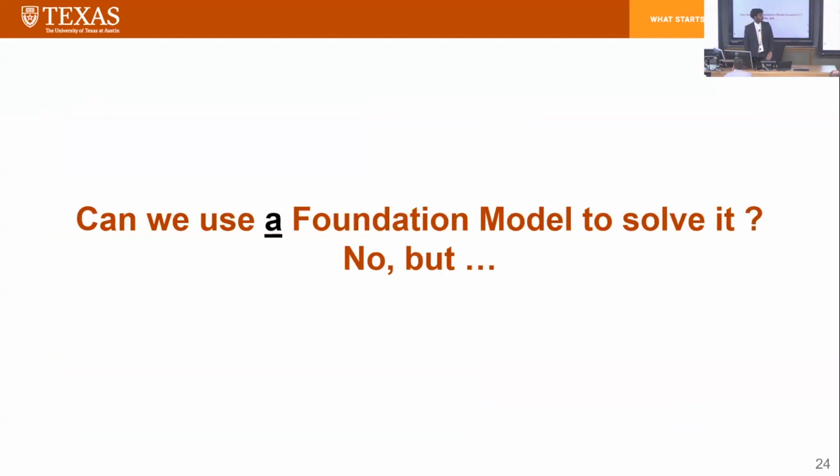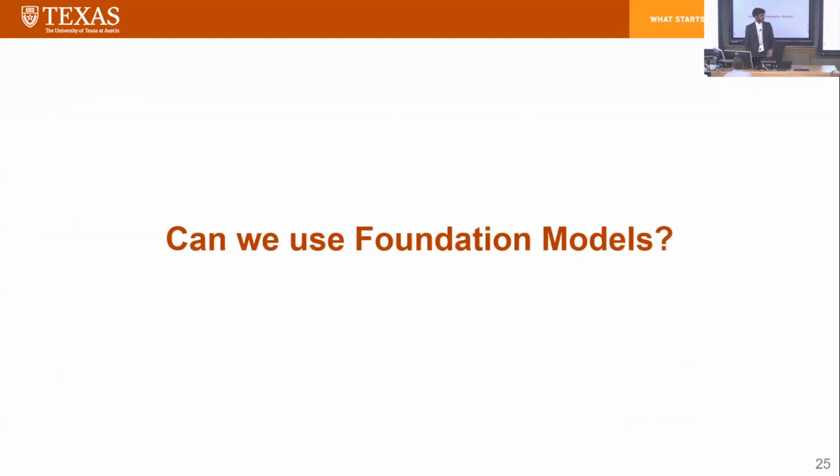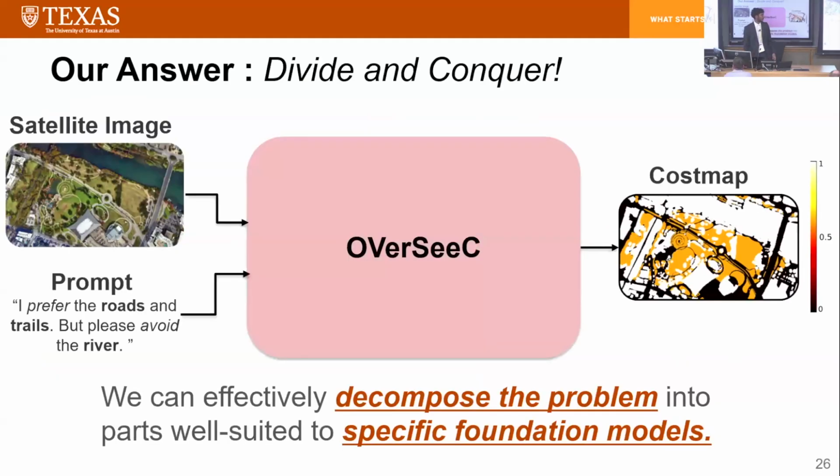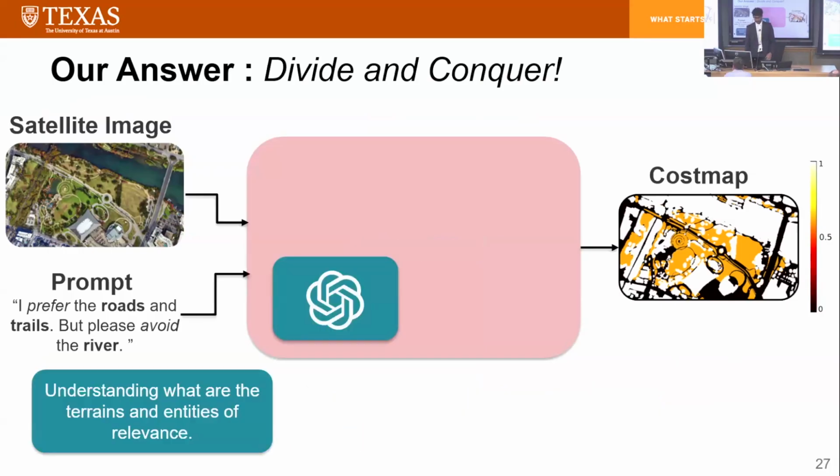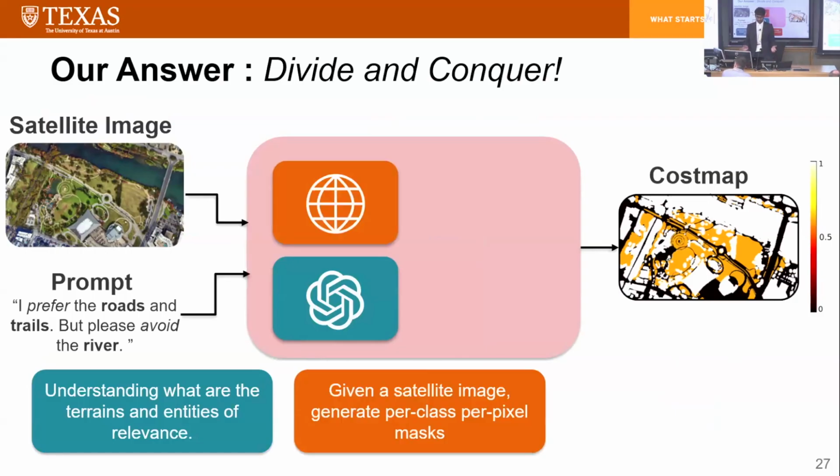And so our answer to this question is no, but can we still use foundation models because they are really good at specific tasks? And our answer is yes. So we can decompose the problem into subtasks and then assign each task to different foundation models. Here are our subtasks. The first is understanding what are the terrains and entities of relevance. That can be done by an LLM. The second one is, given a satellite image and the classes, we can generate per-class, per-pixel masks, which can be done by a language-grounded foundation model.